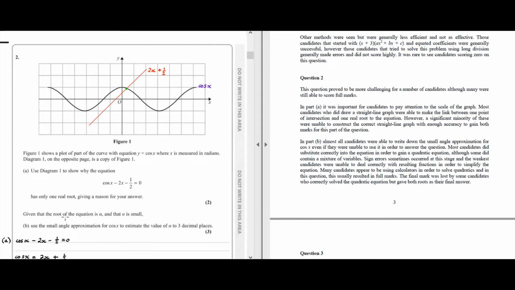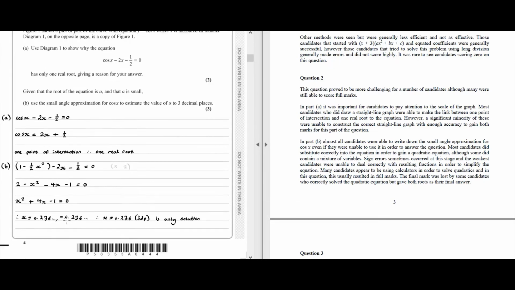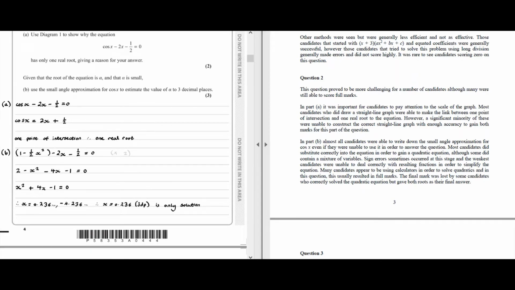For the next part of the question, where we had to use the small angle approximation, almost all candidates were able to write down the small angle approximation for cos x, even if they were unable to use it in order to answer the question. Most candidates did substitute correctly into the equation in order to gain a quadratic equation, although some did contain a mixture of variables. Sign errors sometimes occurred at this stage, and the weakest candidates were unable to deal correctly with resulting fractions.